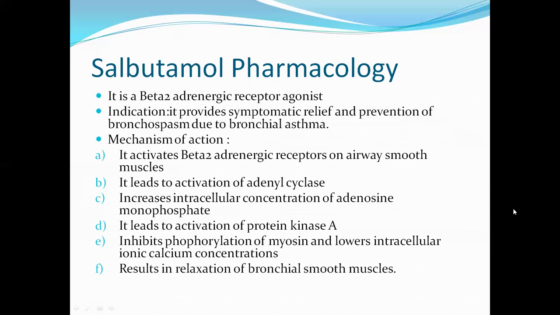When adenyl cyclase is activated, it increases the intracellular concentration of cyclic AMP. These increased AMP levels lead to activation of protein kinase A. Protein kinase A inhibits the phosphorylation of myosin and lowers the intracellular ionic calcium concentration.